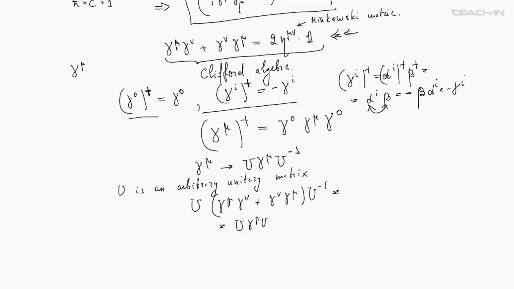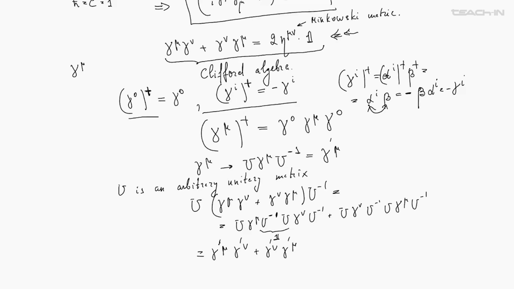So I substituted the identity matrix in between, plus U gamma nu U minus 1 U gamma mu U minus 1. And so you have here gamma mu prime, the transformed matrix, gamma nu prime plus gamma nu prime gamma mu prime.